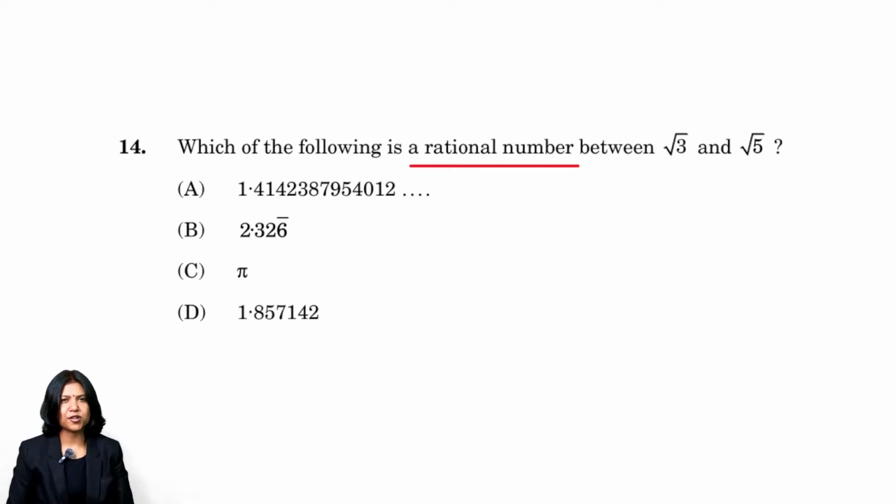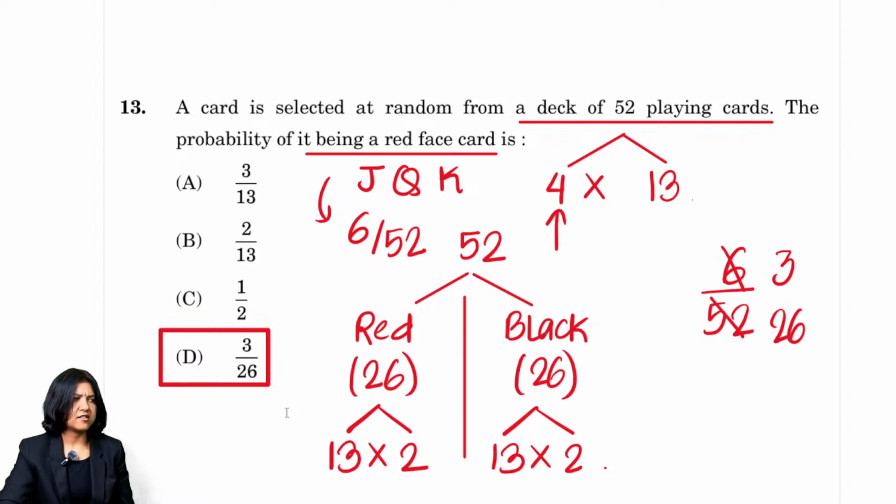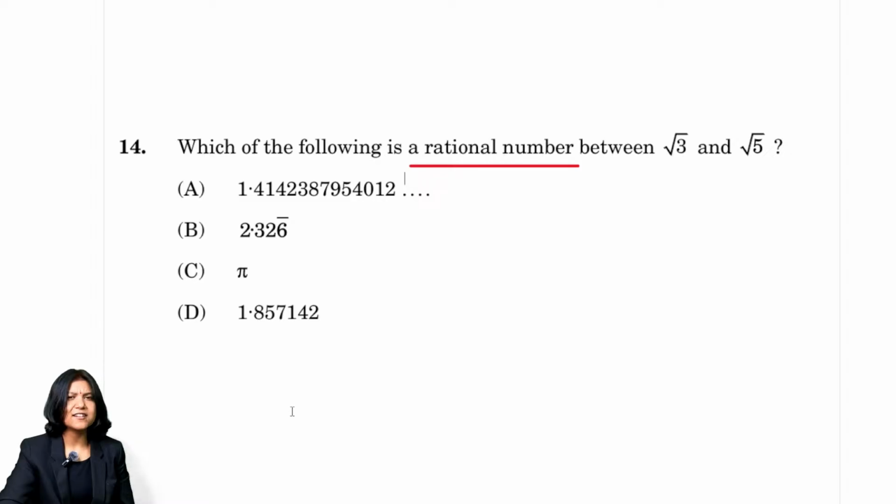For probability questions, the working you show is just write down face cards equal to this, total number of face cards, total number of cards, and so on, right? You should write in steps so that you at least get your step marks if accidentally your final answer is wrong. Sometimes we end up doing some silly mistakes, isn't it?